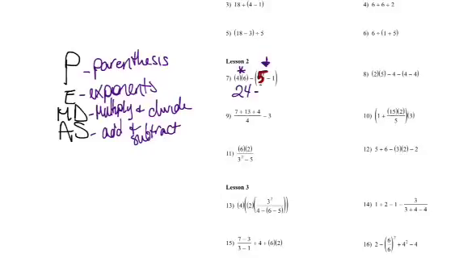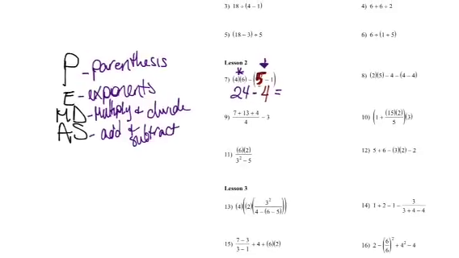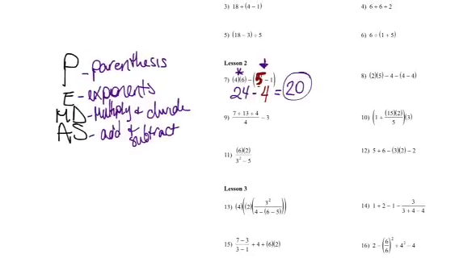And that's just simplifying it. Well, I know what 5 minus 1 is as well, which is a 4. So now my problem is 24 minus 4, which means the answer to number 7 is 20.